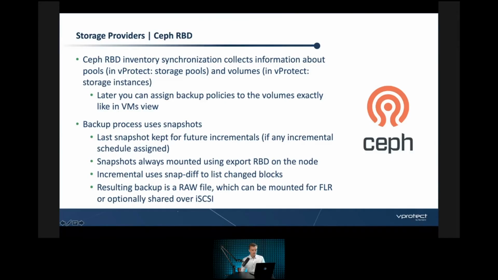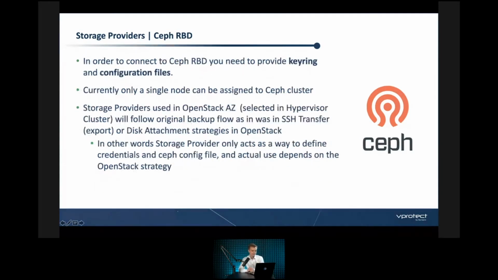The incremental uses the snapdiff command to get the necessary changes between the snapshots themselves, which means we are just going to read individual changes with RBD NBD and grab only the necessary blocks from your Ceph, without the need to export data again and again. The result is a raw file, so it automatically enables a few things in vProtect. First of all, file level restore, and secondly, the option to share over iSCSI.